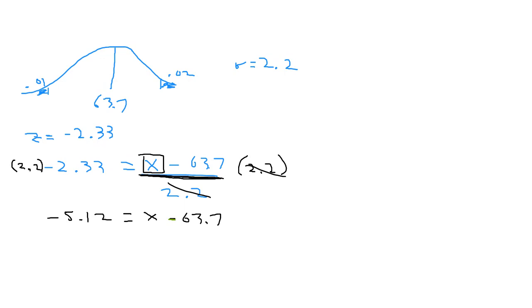Addition. Yeah, so we're just going to add 63.7, and there we go. So you do 63.7 plus negative 5.12. Make sure you make that negative, because we're going below average, right?